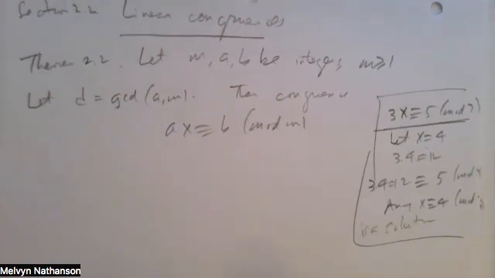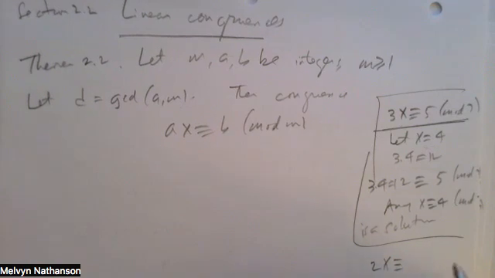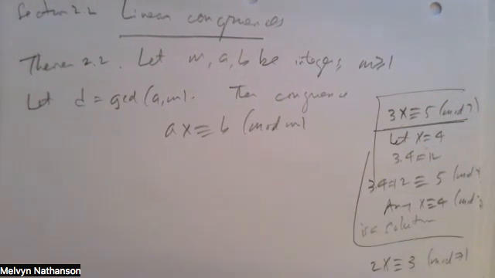So just to make sure you understand what it means to solve a congruence, here's another example. Suppose we want to solve the congruence 2x congruent to 3 mod 7.